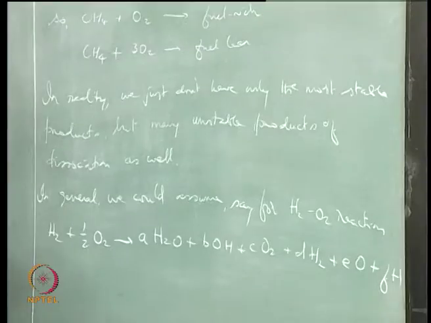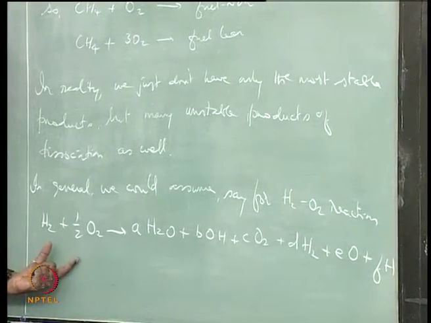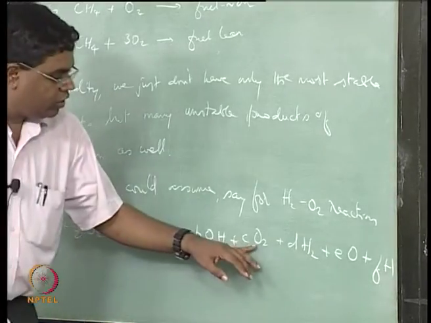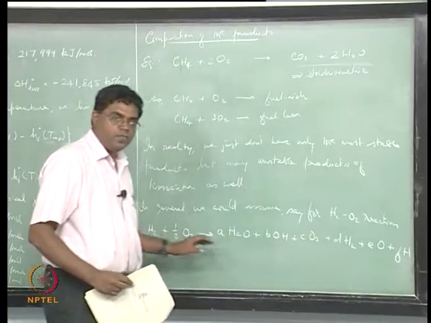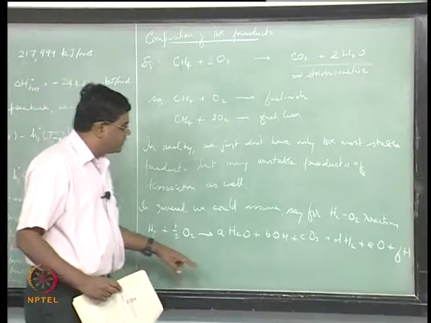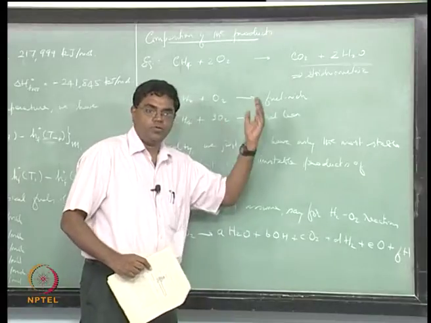Now what happens here is, because this is stoichiometric, we weren't expecting either O2 or H2. If it were off stoichiometric, let's say if it is fuel lean, you could expect some O2. If it is fuel rich, we could expect some H2. That's what we were thinking before.